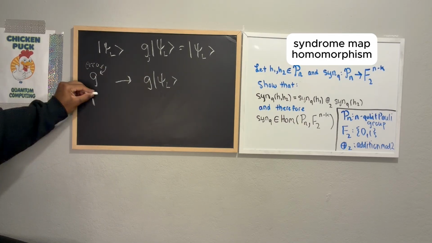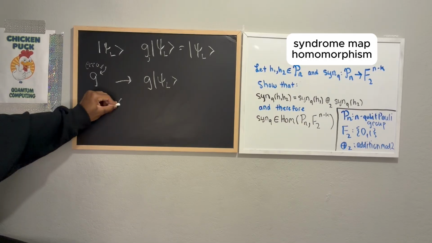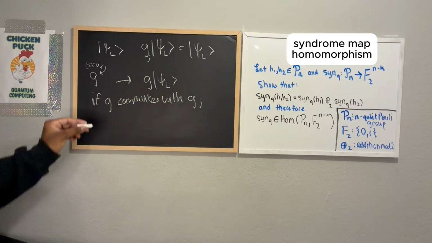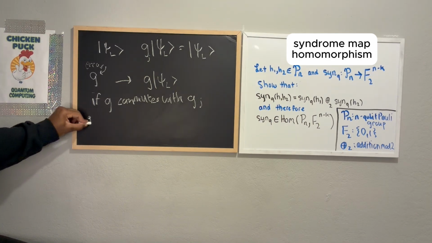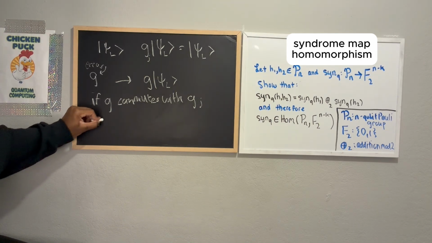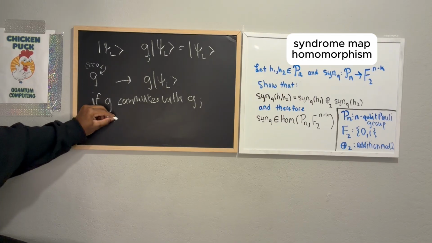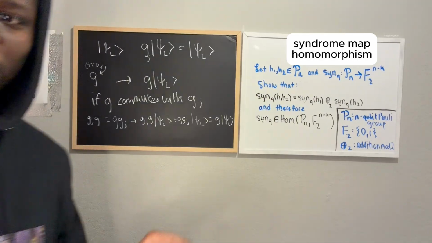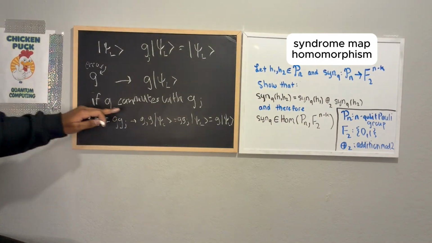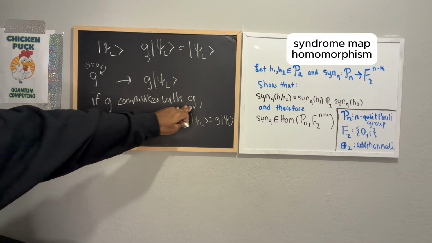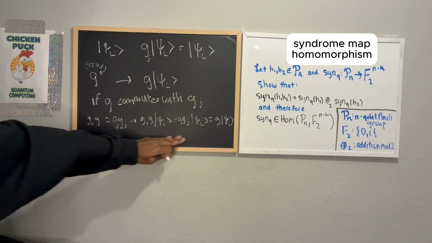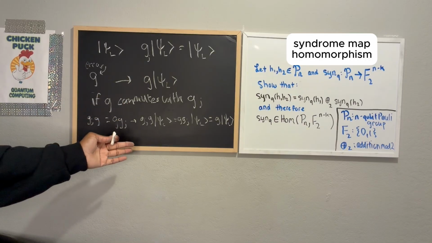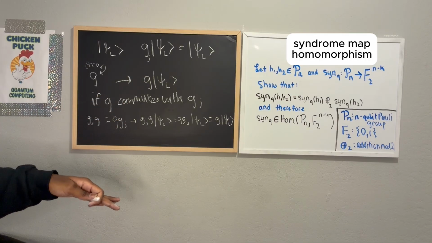If G commutes with g_j, so in other words g_j G equals G g_j, then the stabilizer eigenvalue is still +1.